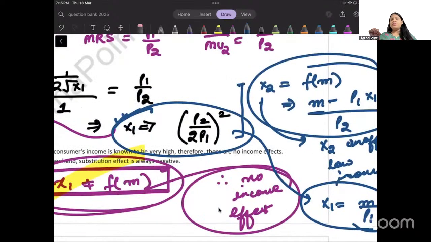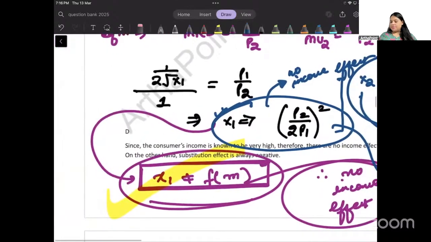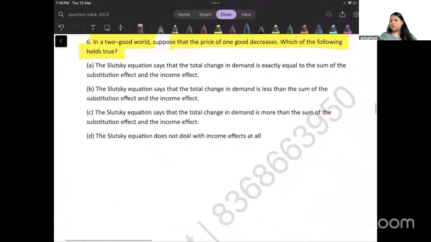And when your demand for X1 will be this, it means that automatically there will be no income effect. I hope this is making sense. This is answered for you now. ठीक है? Okay. Try to take question number 6, beta.